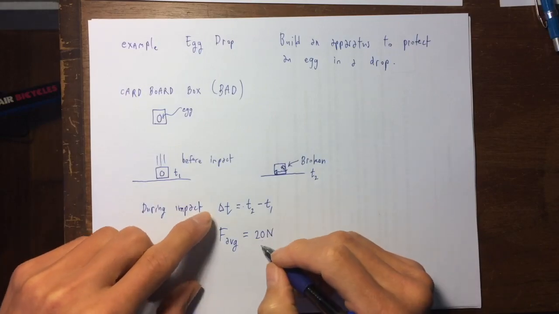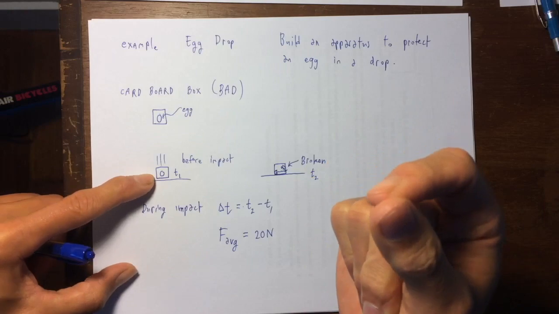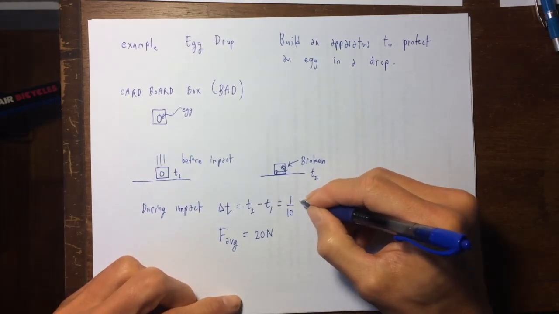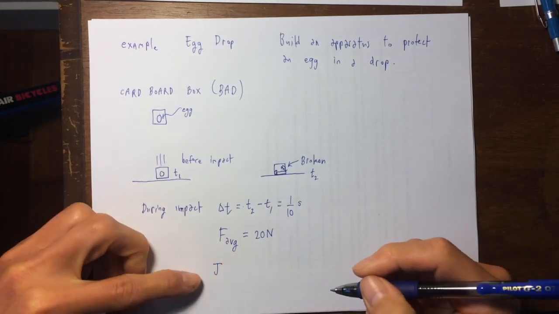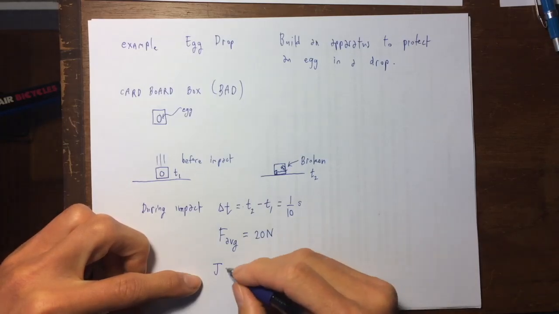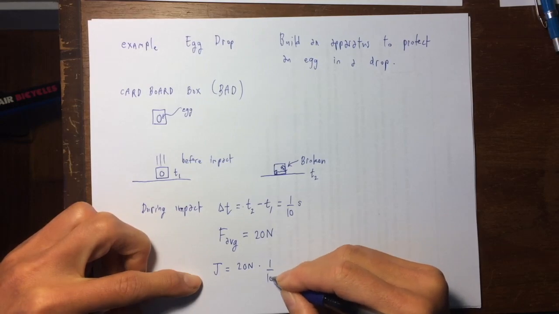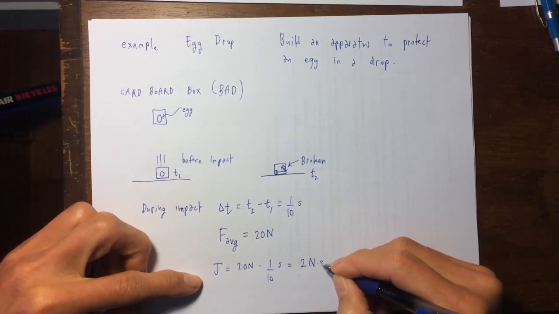That's definitely big enough to crack the eggshell, which is why the egg broke. Delta t, on the other hand: the egg broke in a really small amount of time. Let's say this is about 1/10 of a second. The impulse delivered by that 20 newton force during that small amount of time is 20 newtons times 1/10 seconds. It's equal to 2 newton seconds.